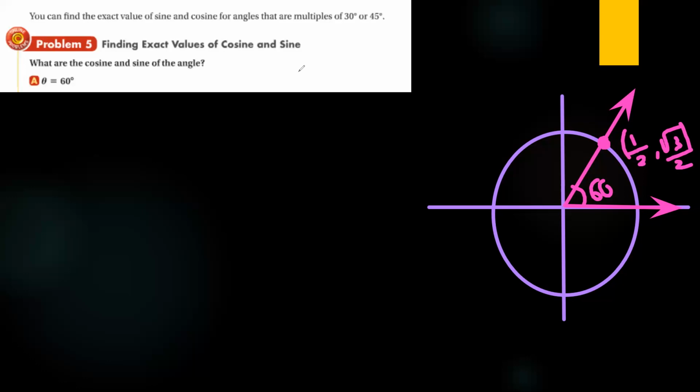So you draw the angle 60, and you find that the coordinates on the unit circle are half and square root of 3 over 2.